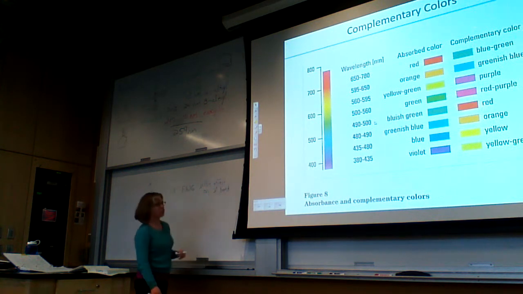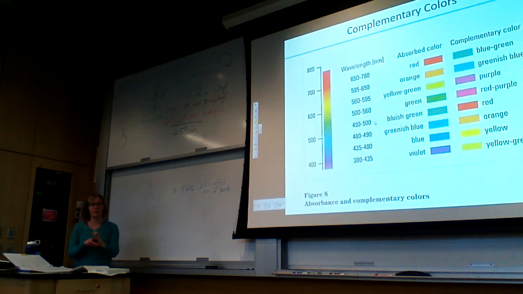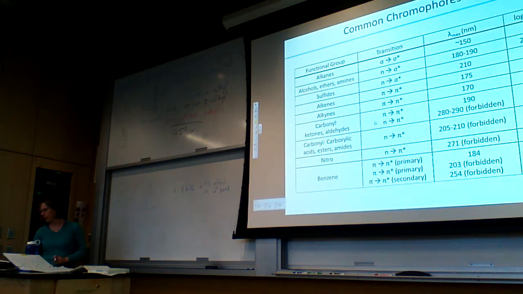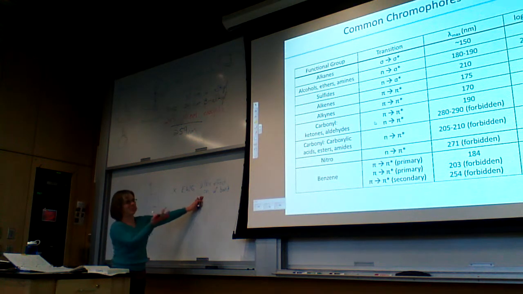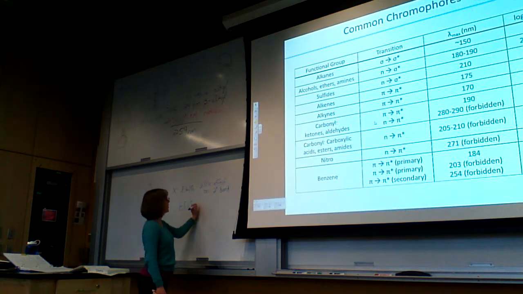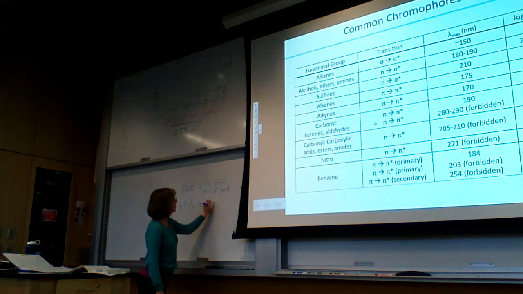Remember in the aromatics, we're seeing a primary and a secondary and a tertiary. Or sorry, two primaries and a secondary, but the two that we see, the primary and the secondary, are rather weak. Electron donating group, it's going to shift the secondary band. Which way?